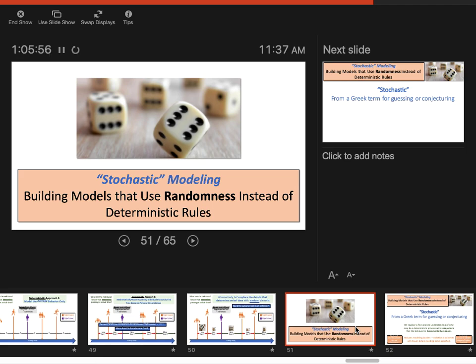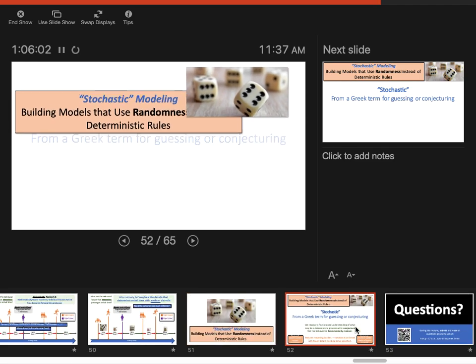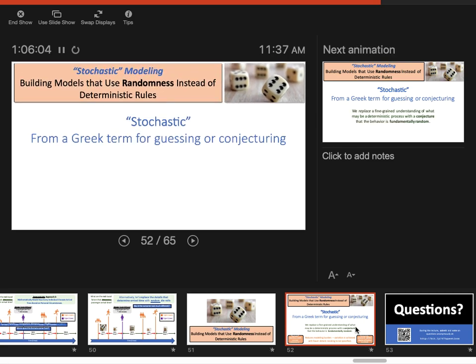We build models that use randomness instead of deterministic rules. In fact, the word stochastic comes from the Greek for guessing or conjecture. A lot of people think that stochastic is just some synonym that we use for random, and we're just sadistic, and we have two words for random or something like that.